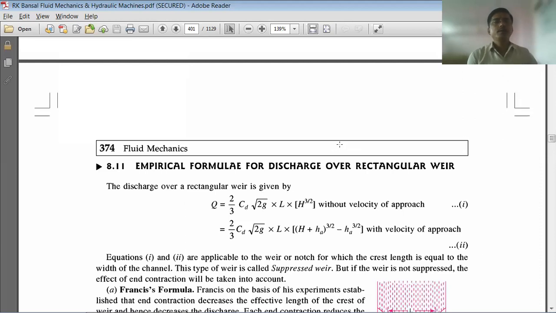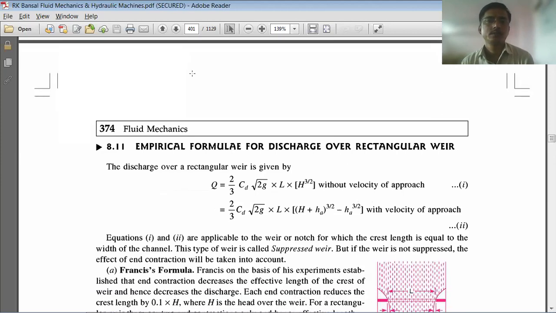The general title is empirical formulae for discharge over rectangular weir. Have written. Now let us see here.